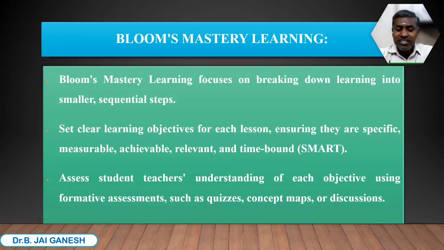Teachers provide feedback on students' performance in a formative assessment. Remediation means we have to give another opportunity to overcome their failures or slow learning. The next important point is summative assessment. Whether the learners can attain the specific objectives or not may be tested with the help of mastery learning.